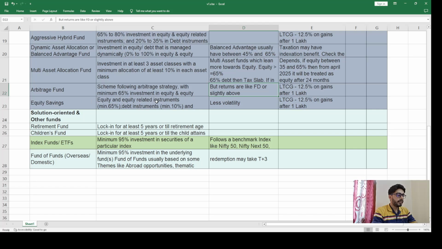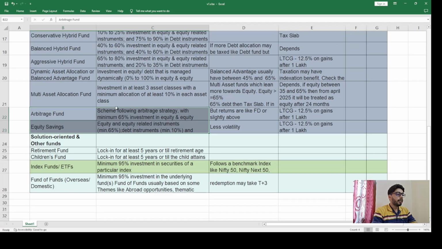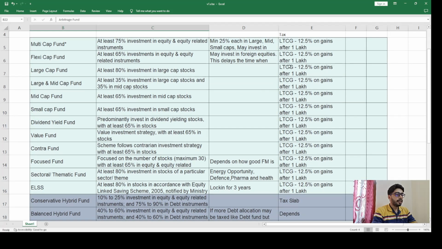And equity savings is again equity and equity-related instruments at 65%, but there is less volatility. So this is something you can consider if you need less volatile stocks. Okay, and taxation-wise, given the things here, this might be relevant during 2024, but may change later on. So you can take a look here.